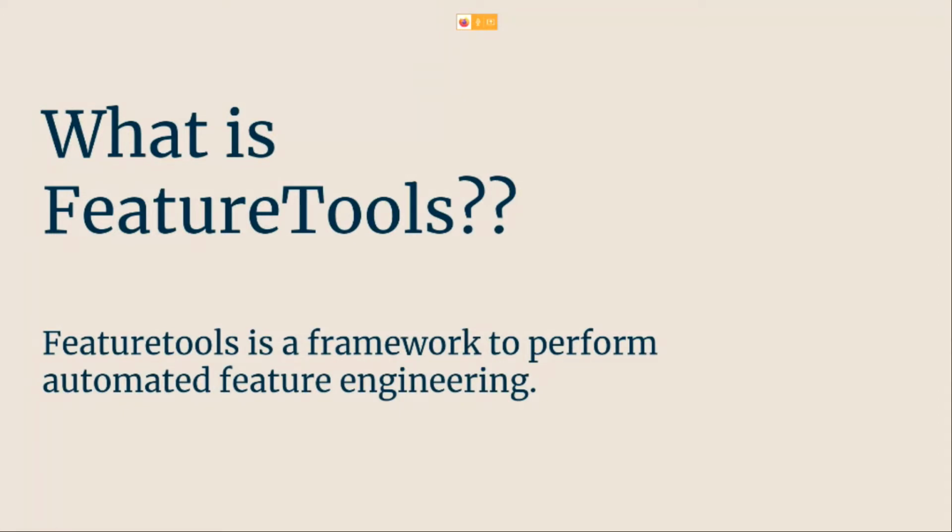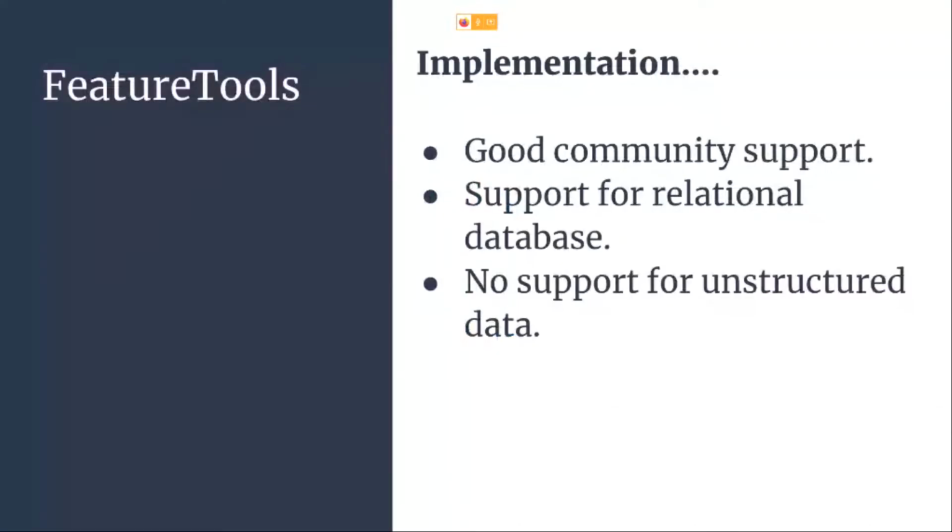One such tool is Featuretools, an AutoML framework that we can use for automated feature engineering. I have one example using Featuretools, and the implementation I am sharing right after presenting these slides.